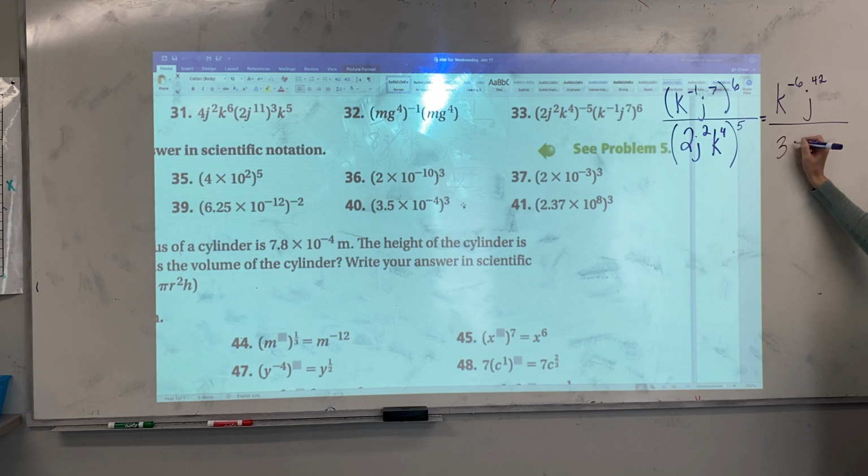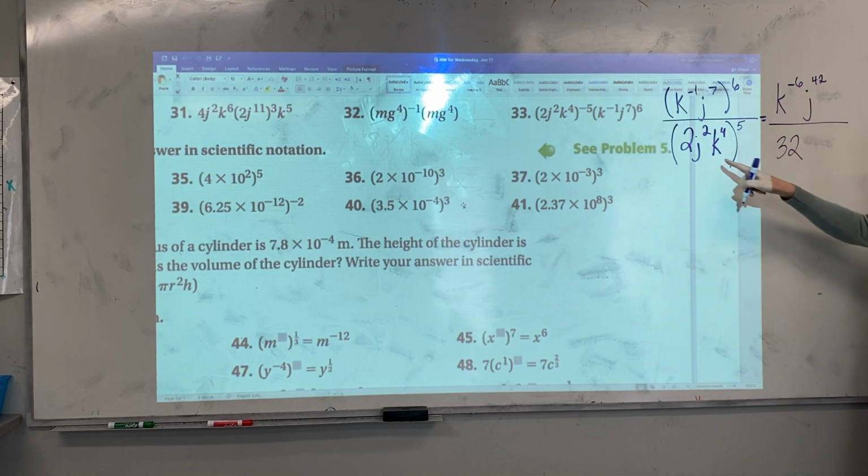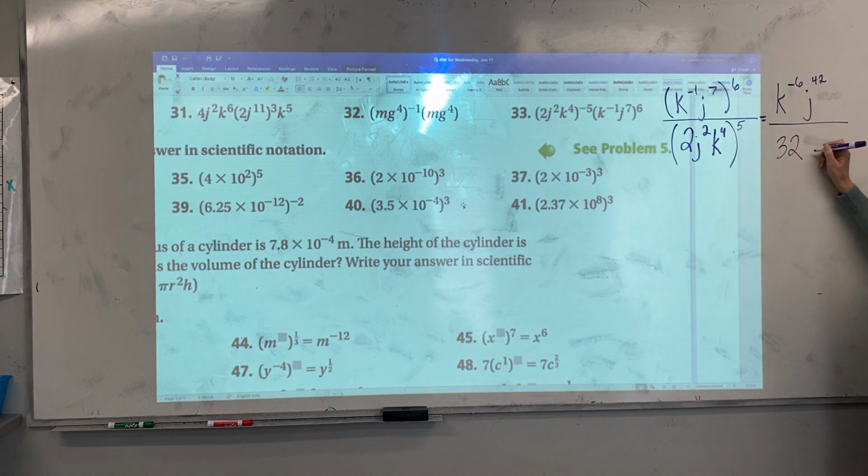Let's go with 32. j squared to the 5th is j to the 10. And k to the 4th to the 5th is k to the 20. Good. All right, is there anything else?